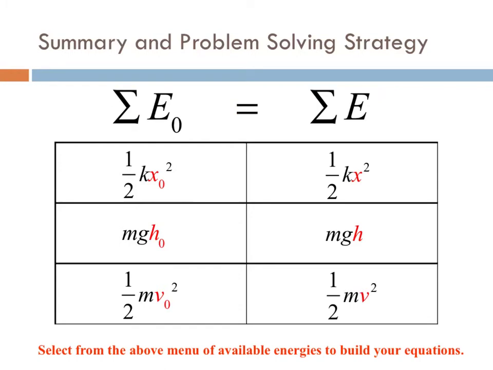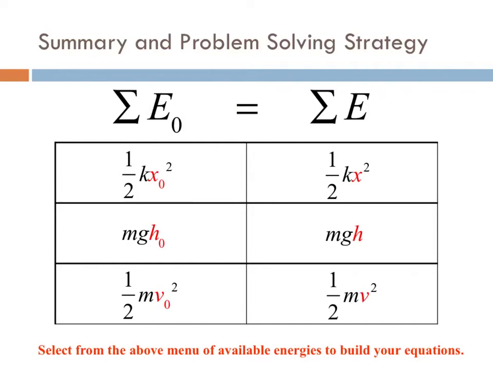So when it comes to creating the equation that you're going to eventually end up using, you really want to choose from this selection up here. So on the left are any types of energies you have at the beginning of your situation, and on the right is any type of energy you'll have left at the end of your situation.